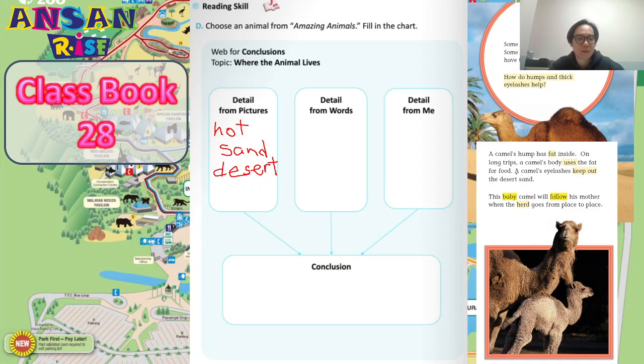So let's write this down. A camel's eyelashes keep out the desert sand. So we'll just put eyelashes keep out sand.